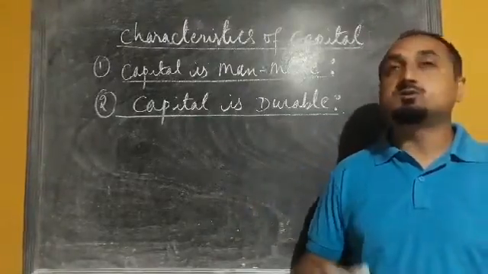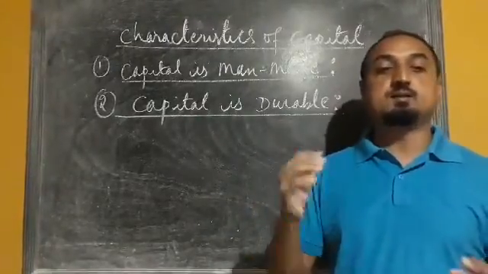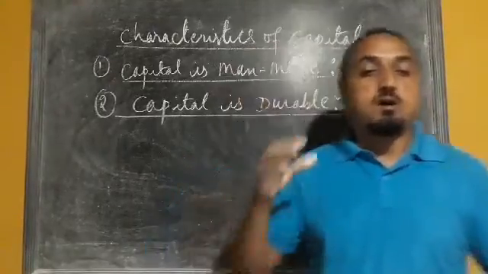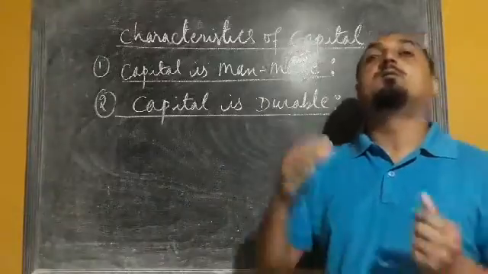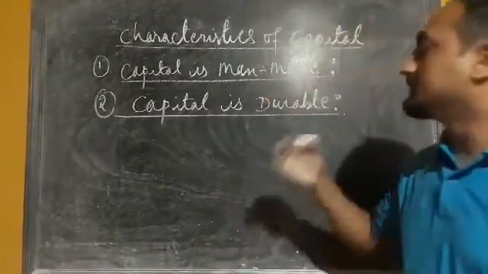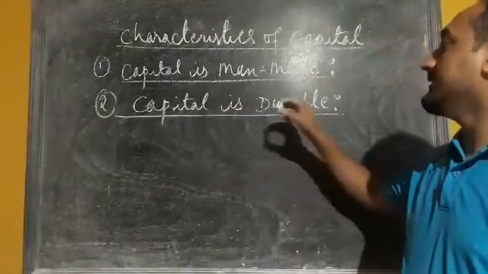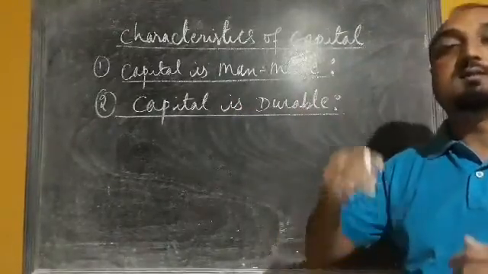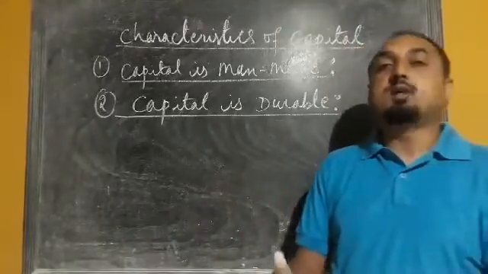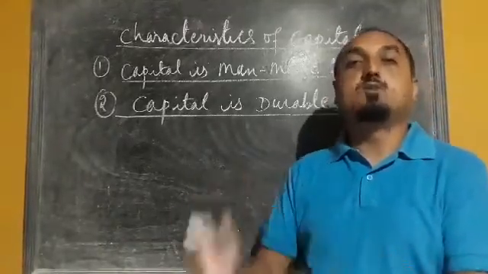The capital goods, machineries, factory buildings, etc. are durable goods. Some capital goods last for very few months or very few years. Some capital goods can be used for 10 years, 20 years.